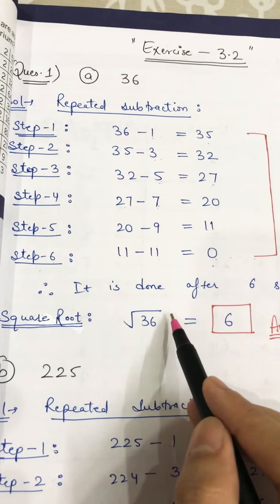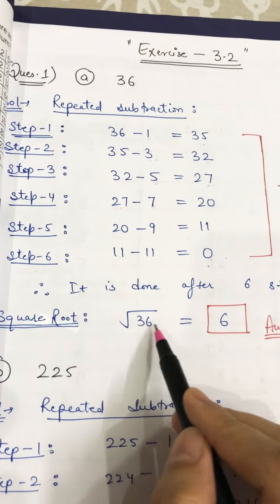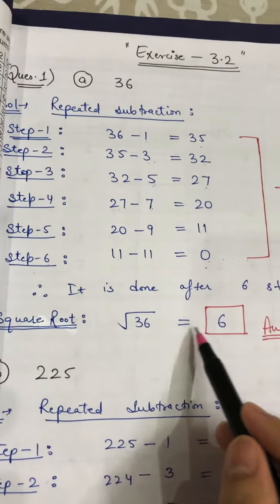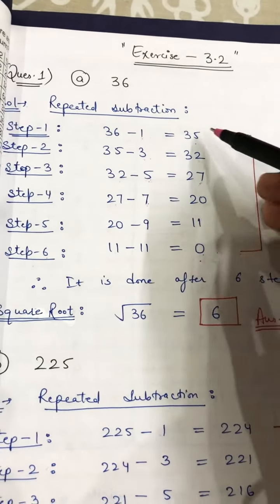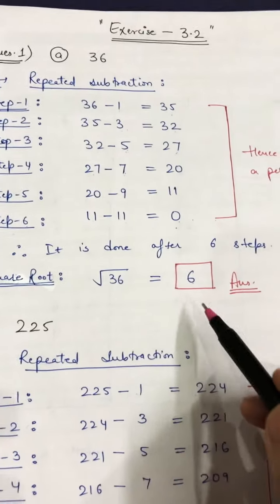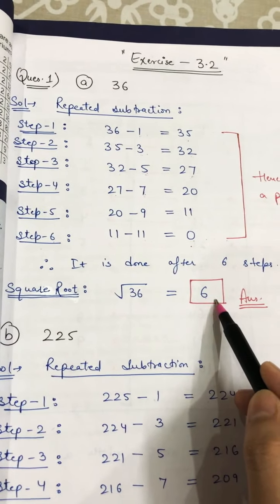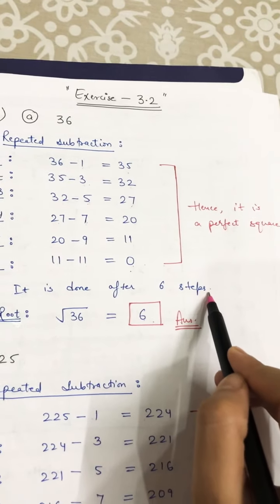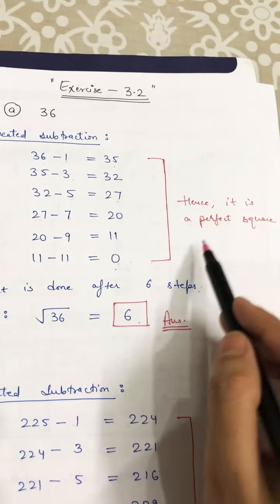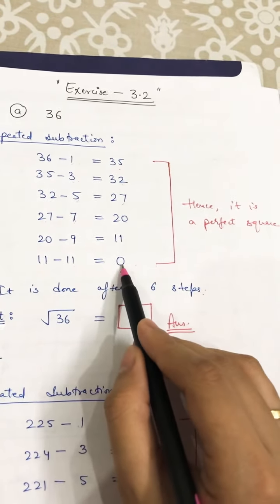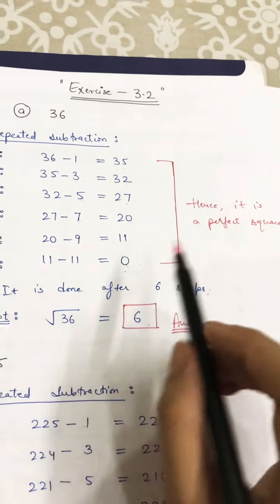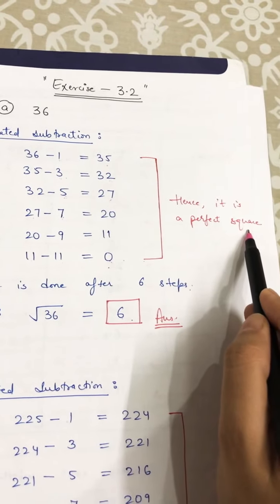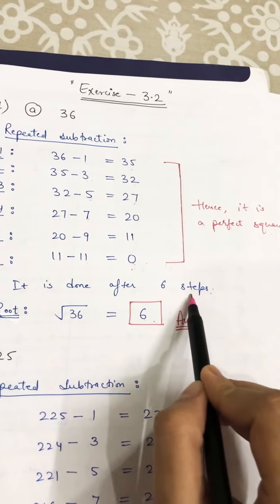So the square root will be, you can now write the symbol of square root. The square root of 36 is equal to 6, because after 6 steps your answer is 0. Okay, so after doing this, you can write that hence it is a perfect square, because when your answer comes 0, you write hence it is a perfect square, and it is done after 6 steps.